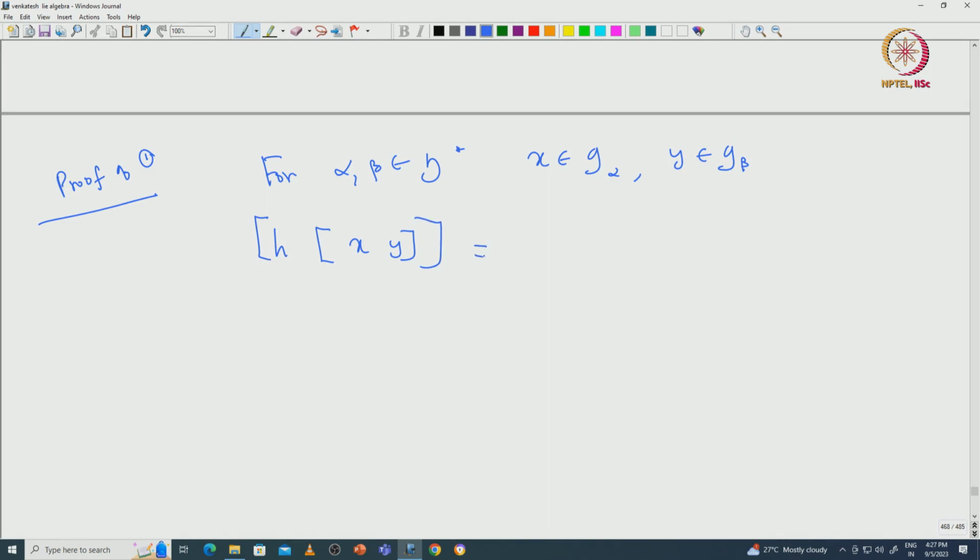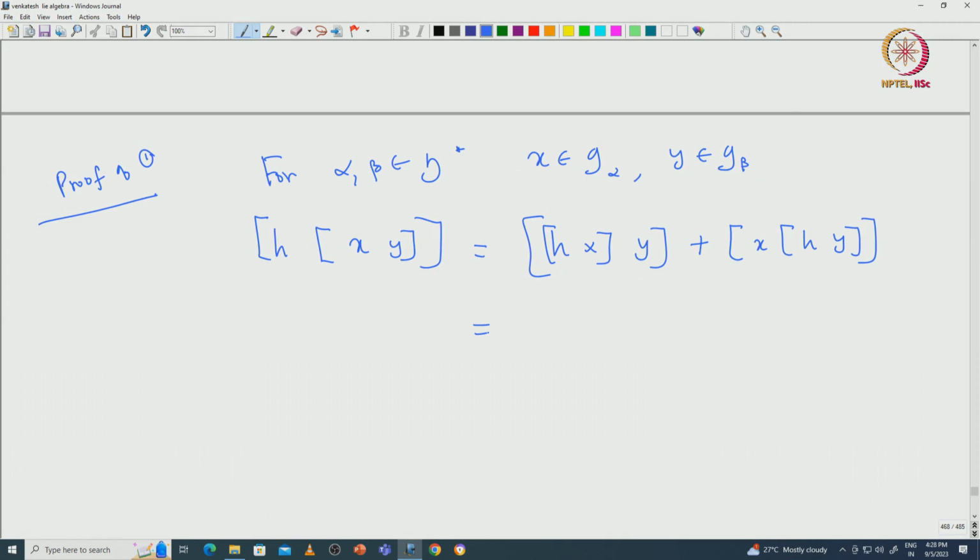Now using the Jacobi identity, this is exactly equal to the bracket [H x, y] plus the bracket [x, H y].